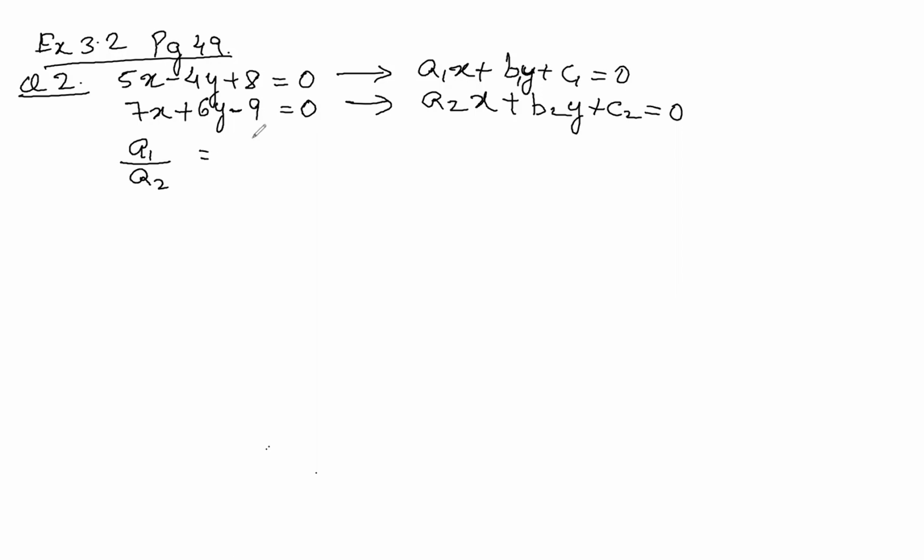What is a1 by a2 here? 5 by 7. Is it clear? b1 by b2 means coefficients of y, comparison of coefficients of y. What is b1 by b2?